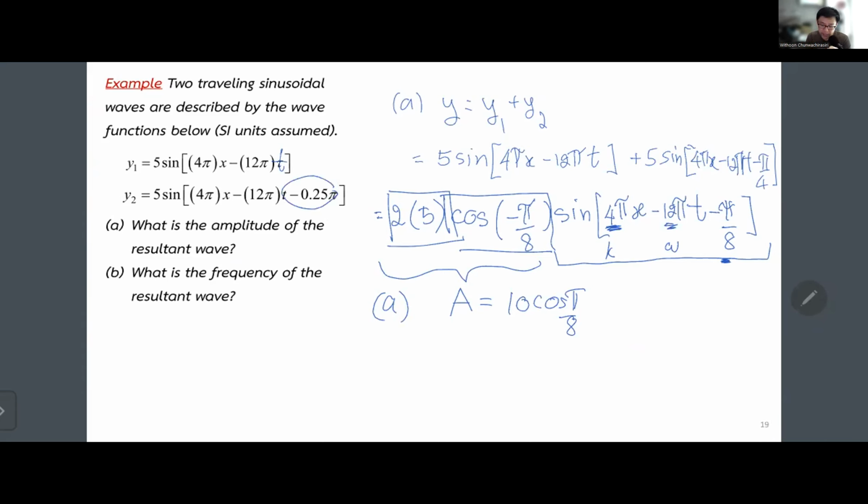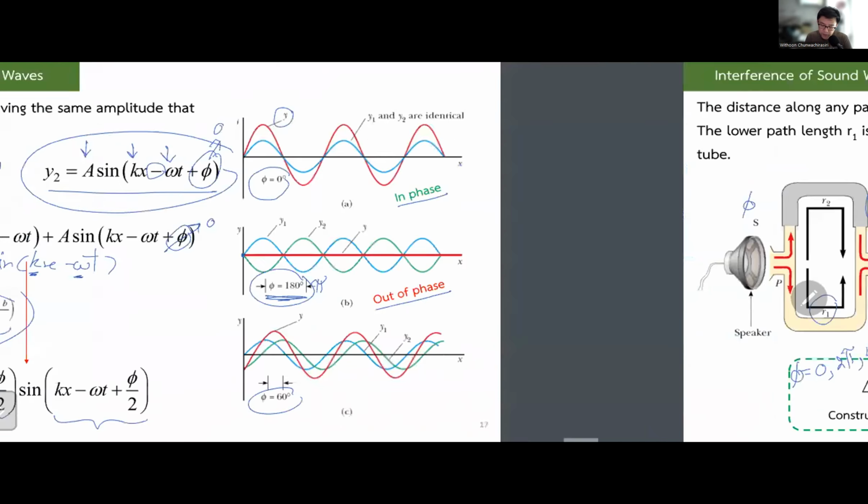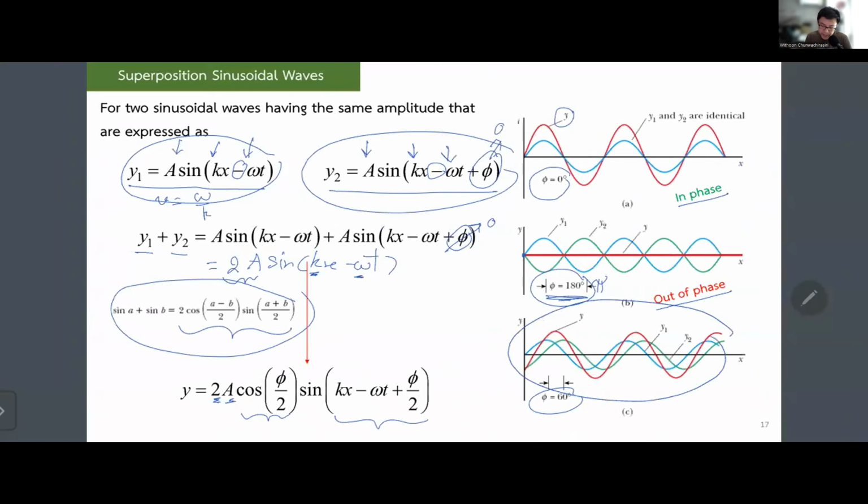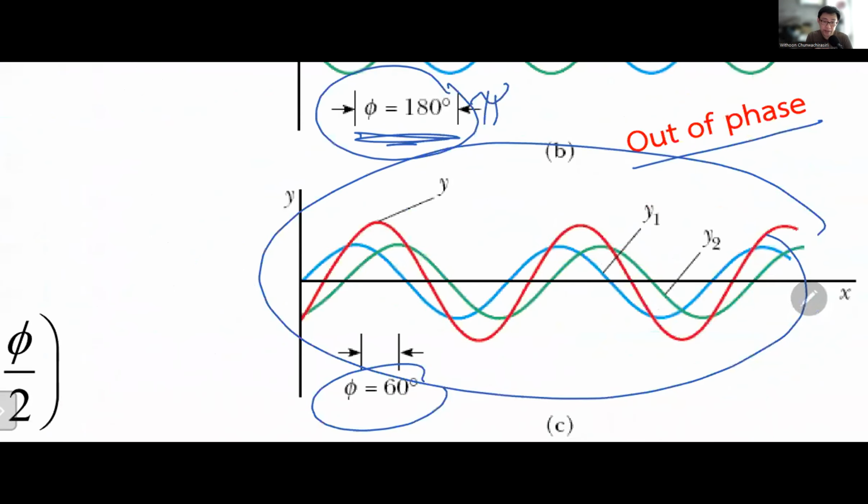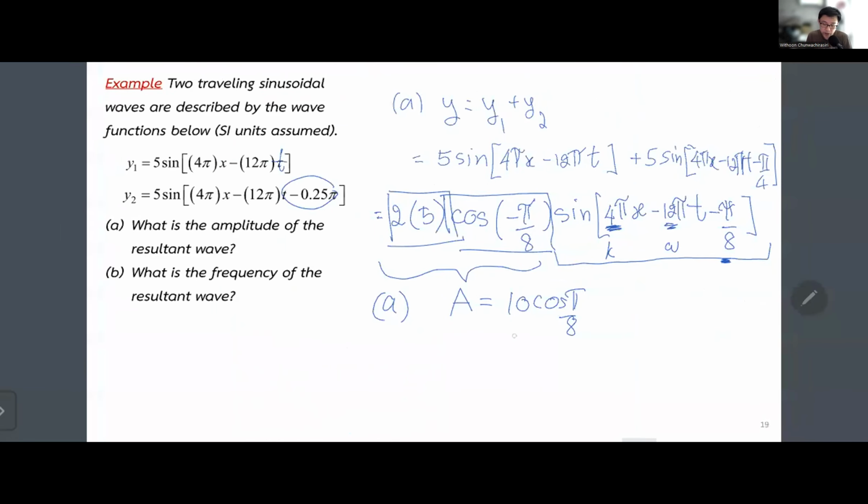So this is the reason why the amplitude is not as big as 10. It's 10 with some factor multiplied in. This scenario looks almost like the earlier case, except that in that problem we took phi to be 45 degrees. So that's why the wave comes in between. Okay, that's the amplitude of the resultant wave right there.